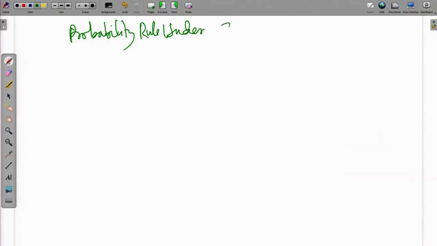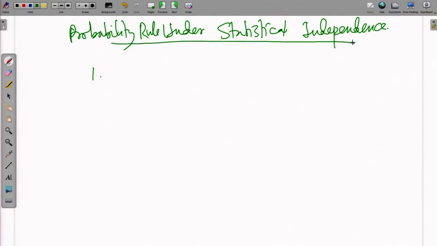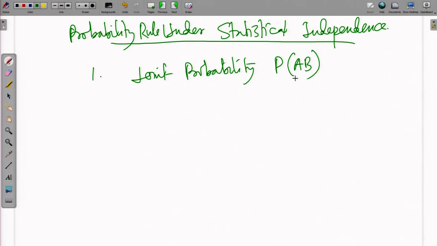Rule number 1 that you should remember: if events are statistically independent, then when I have the joint probability of A and B, basically you are multiplying A and B, what you will have is probability of A into probability of B.